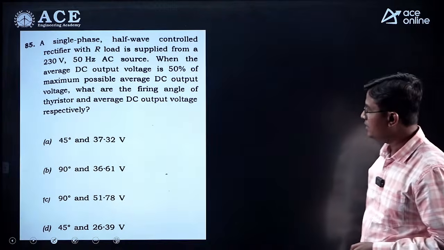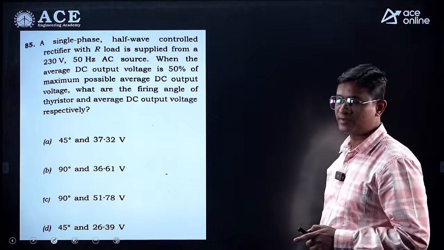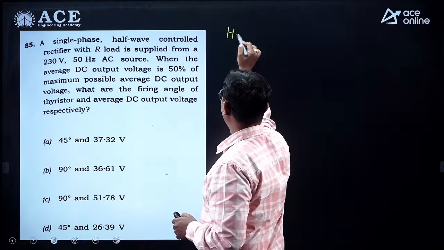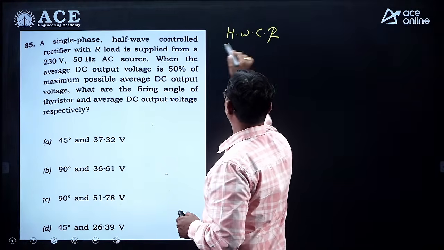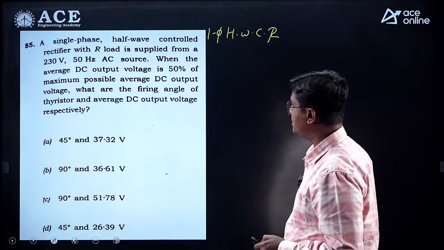Next, a single phase half wave controlled rectifier with R load is supplied from a 230 volt 50 Hz AC source.